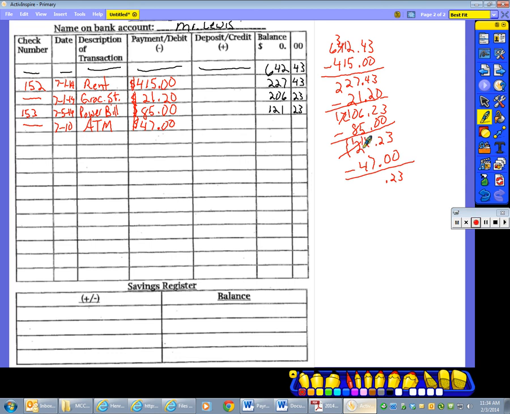It makes this an 11. 11 minus 7 is going to be 4. And 11 minus 4 is going to be 7. So now my ending balance is $74.23. All right, now let's move on to the next question.